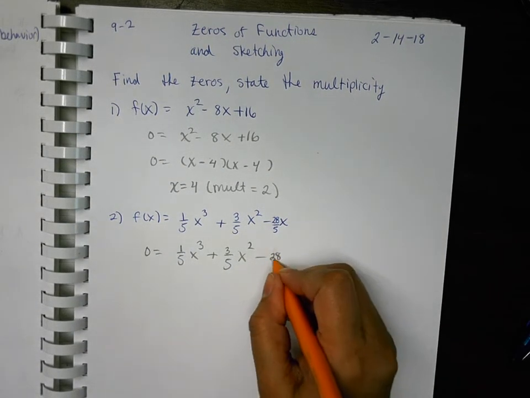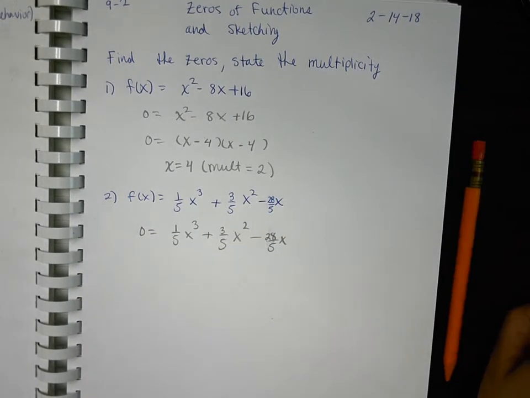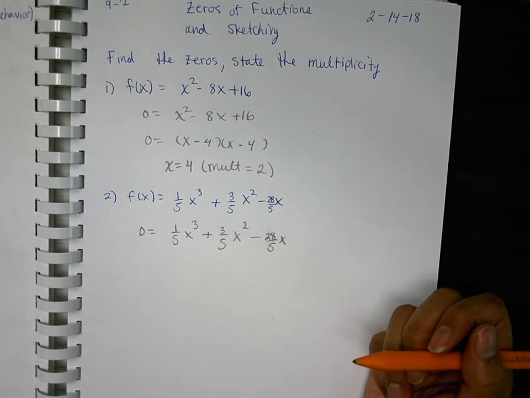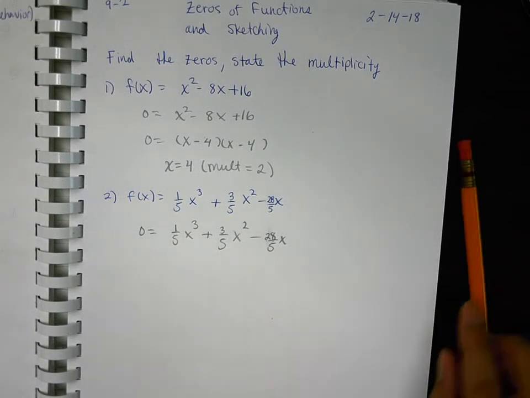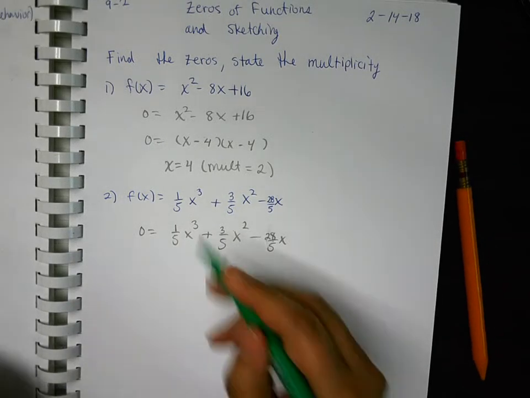All right, so after we make that correction, who remembers how we can clear fractional equations? Multiply it all by what? 5. Good. Multiply everything by 5.